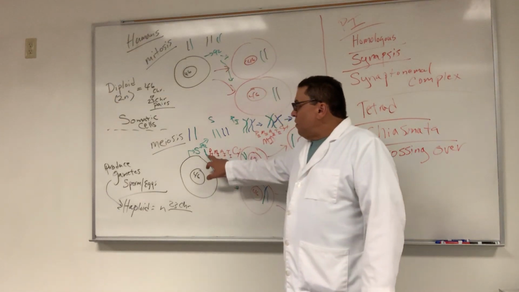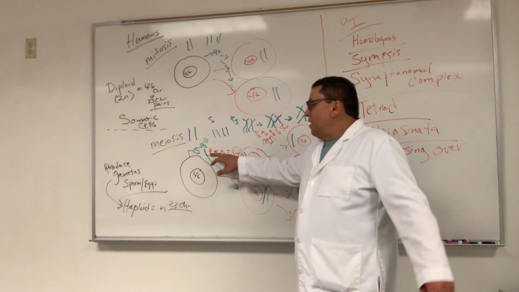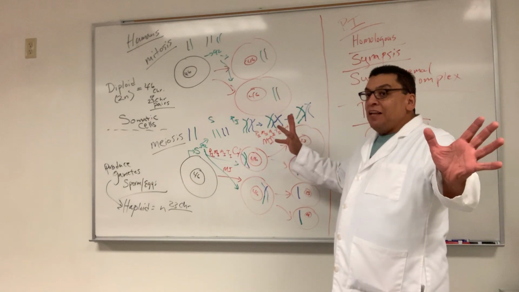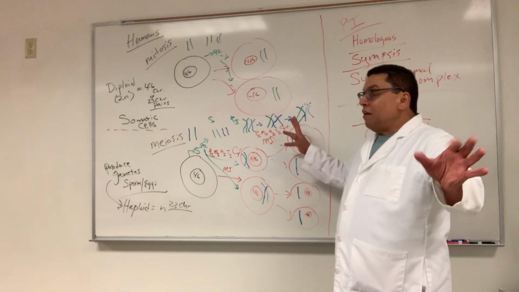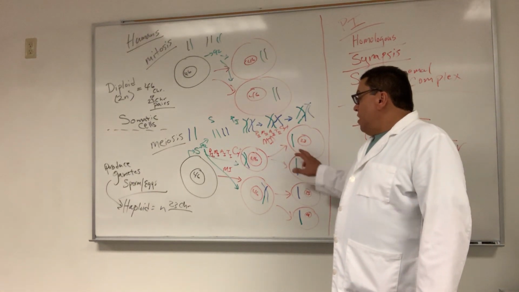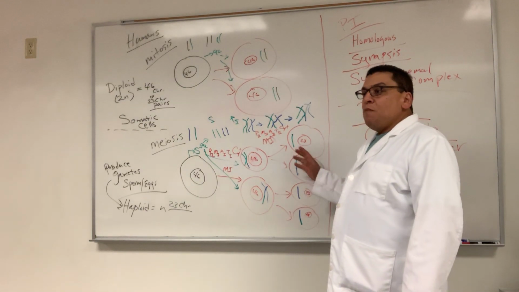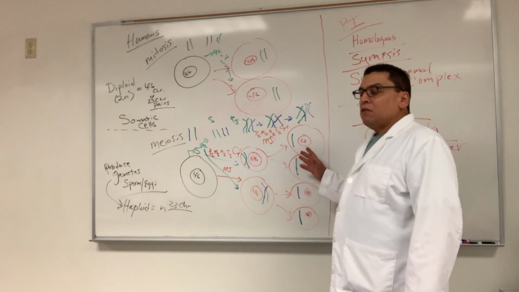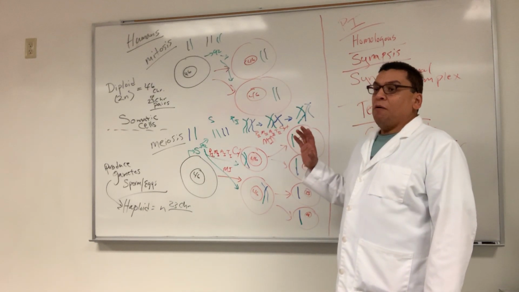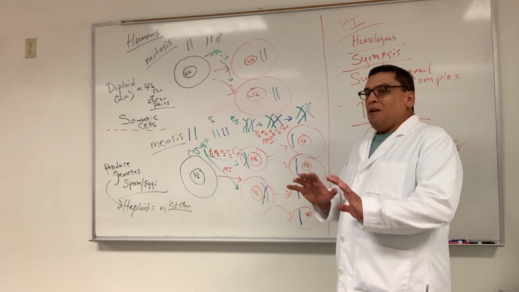So the crossover event factors into genetic variation. The fact that these chromosomes independently assort from each other: chromosome 1 here ended up here, independent of where the other ones ended up. It's called independent assortment of chromosomes. It's a major component of genetics. We'll talk about it in more detail. Just know what it is right now.